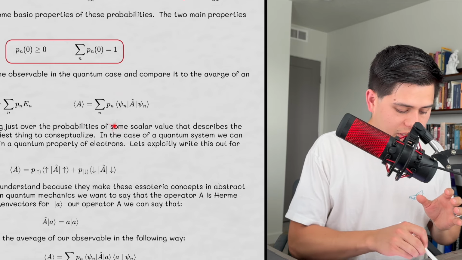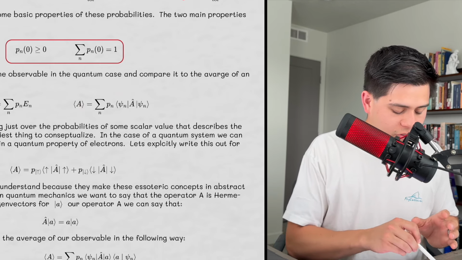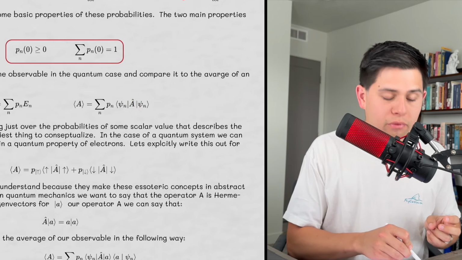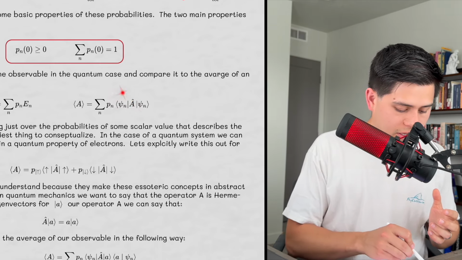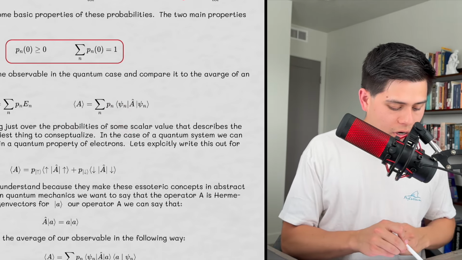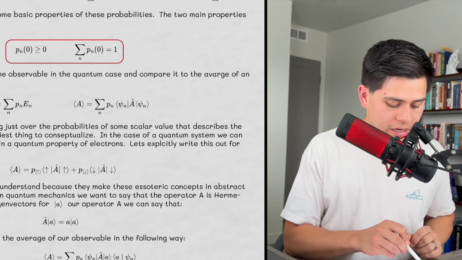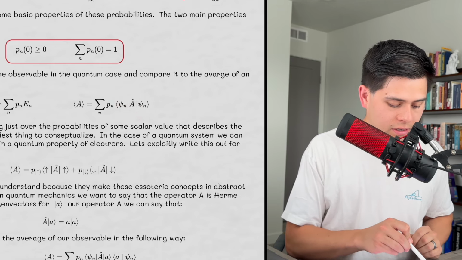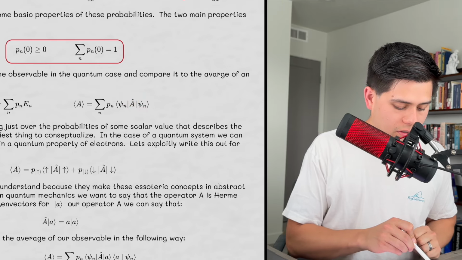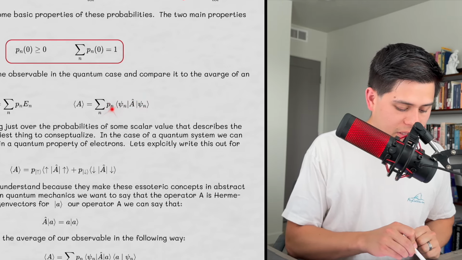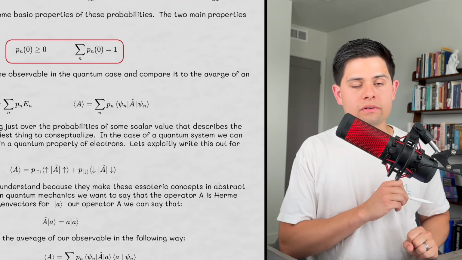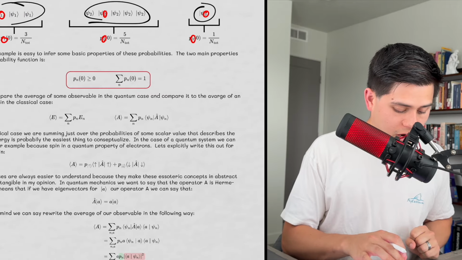This is how we calculate the average of some observable given some operator A. So the probability of going from this state to this state with this operator, multiplied by the probability of being in the state, is going to give us the average of that operator.